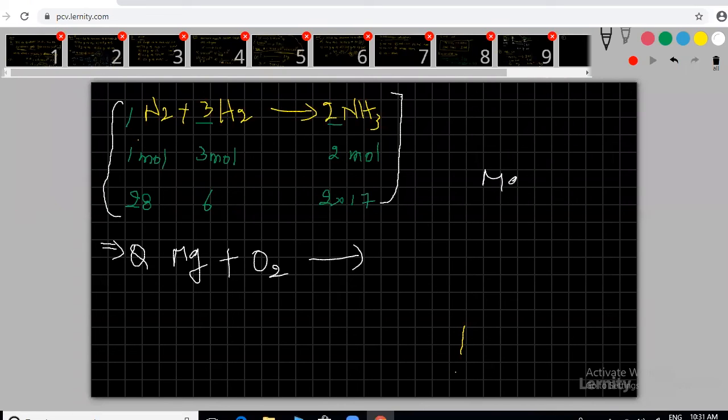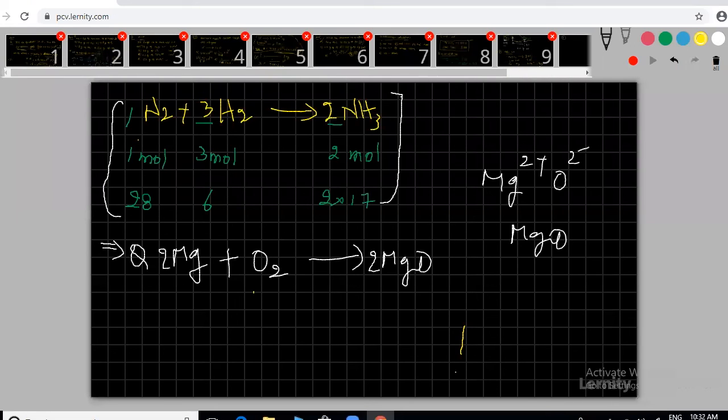Don't write mistakes again, sir. This is 2 plus, 2 minus. Both will be cancelled. We'll get MgO as magnesium oxide. So 2 moles of magnesium and 1 mole of oxygen will give 2 moles of magnesium oxide. This is the balancing equation.